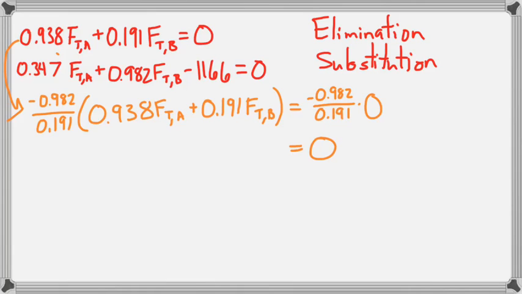Oops, except I need my calculator to react to me. Come on, calculator. All right, negative 0.982 divided by 0.191. And we're going to multiply that times 0.938. And I get negative 4.82 times the force of tension in rope A.